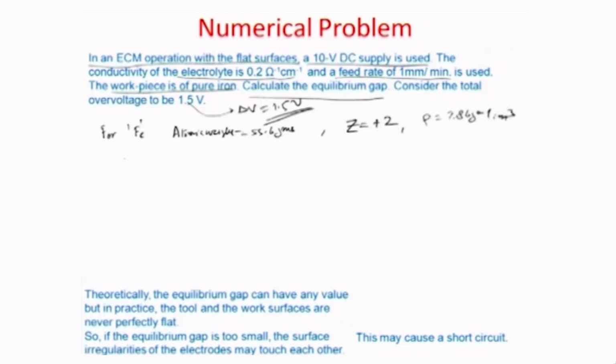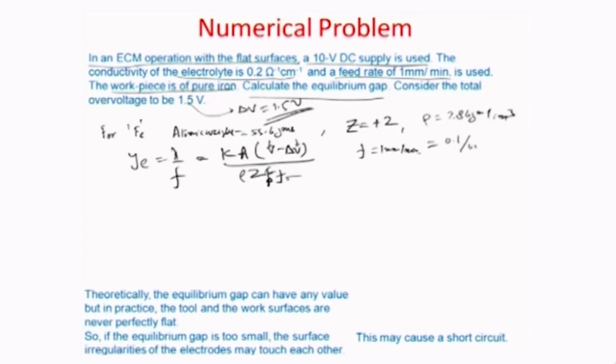And as we know, the equilibrium gap Ye is given by lambda by F, and lambda is conductivity times the atomic weight of the particular species, times V minus delta V, where V is the applied voltage and delta V is the over voltage, divided by rho Z F, where F is 96,500 coulomb, Faraday's constant, times the feed rate f. And we already know that the feed rate is given to be 1 mm per minute, meaning thereby it is 0.1 centimeter per 60 seconds. Okay. So, this is in centimeter per second.